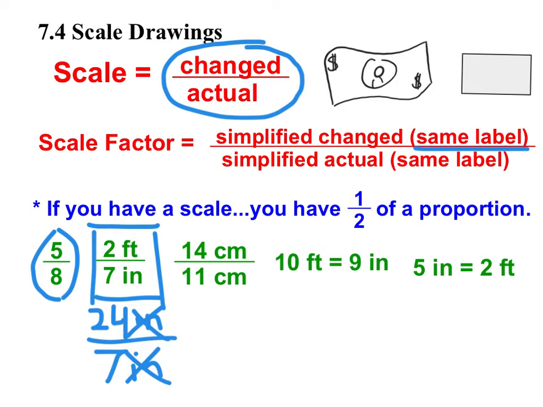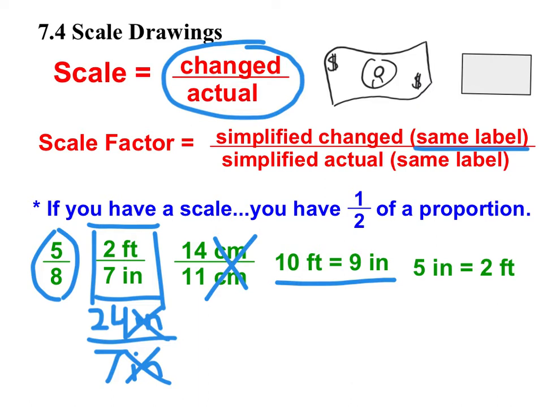The next one, is it a scale or a scale factor? It is a scale factor because we have the same label. We can drop those. 14 over 11 is simplified. That's now a scale factor. The next one is just a scale because we have 2 different labels, feet and inches. Once again, could we convert it to a scale factor? Yeah.